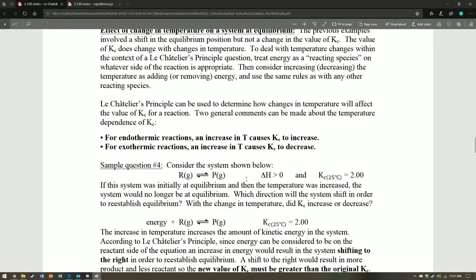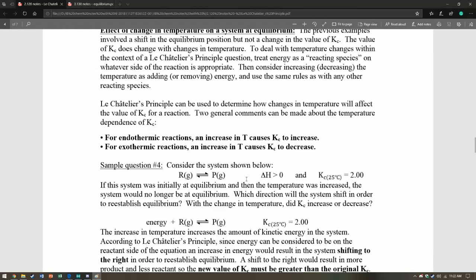the heat. And then the inverse is true: if you decrease the temperature, the system wants to try and undo the temperature change, and therefore it'll favor the product side, which is exothermic, and it will release energy to try and heat that system back up. You can follow a similar line of logic for endothermic reactions.